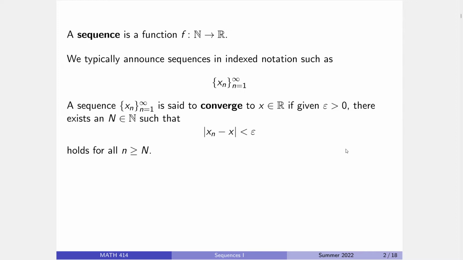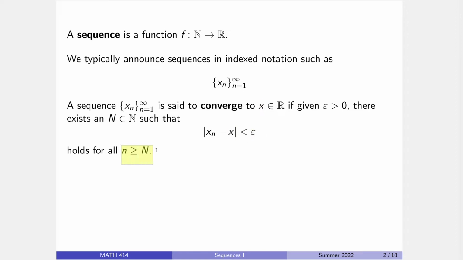So again, a sequence here, we're saying converges to x if the following happens. Given an epsilon, you can think of this as like a tolerance, right? Give me a really small number. Note, it can be really big too, but it's arbitrary. If you give me a tolerance, if you give me any amount, no matter how small, then at some point in the sequence, the terms of the sequence are no further away from this real number x than epsilon.